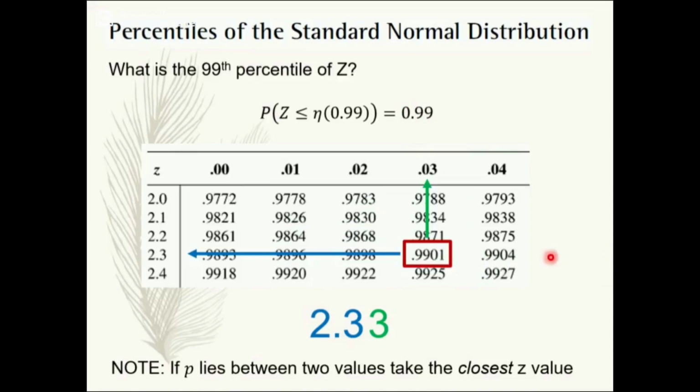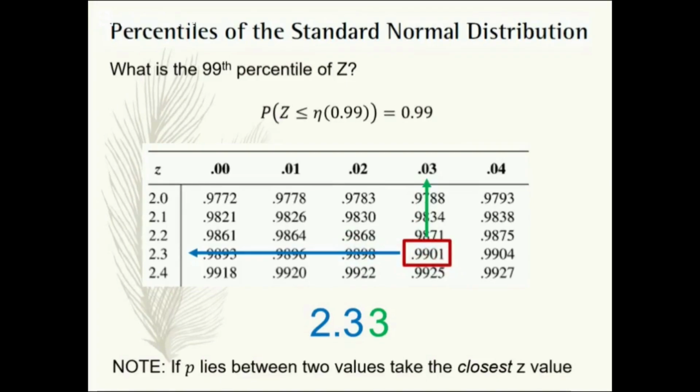So in this example, this is not exactly 0.9901. But if you look at 0.99, it actually lies between 0.9898 and 0.9901. It is closer to this value than to that one. So that's why we took this value.